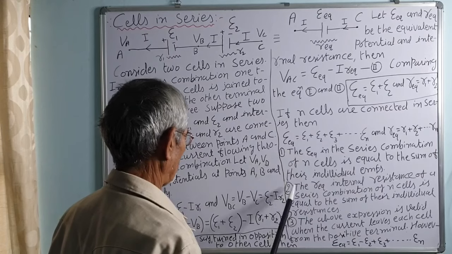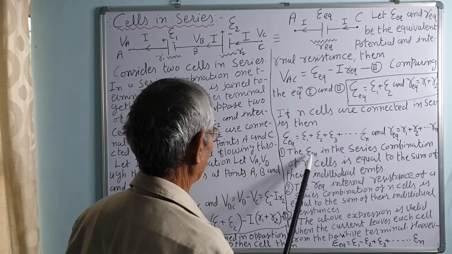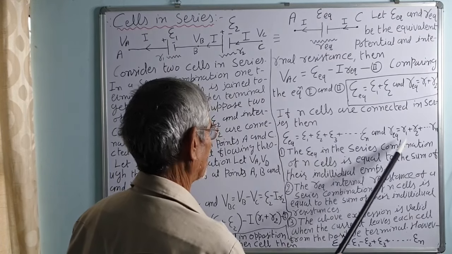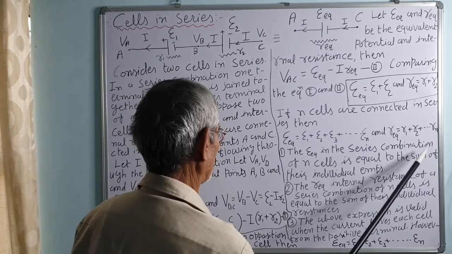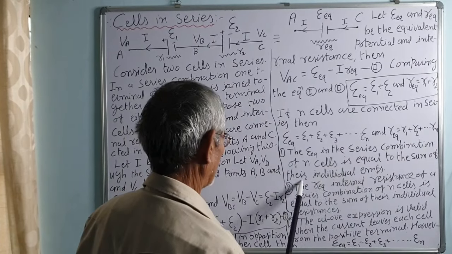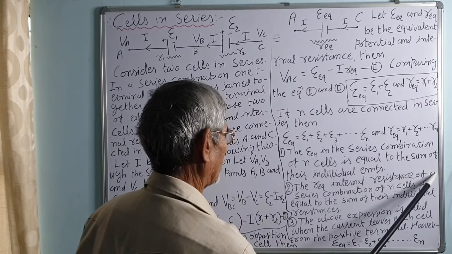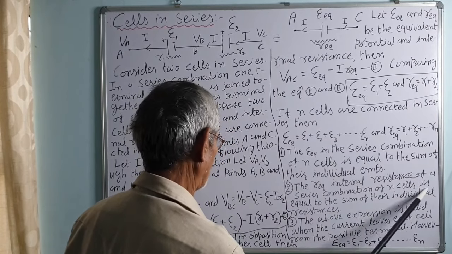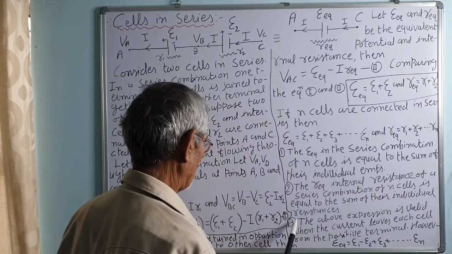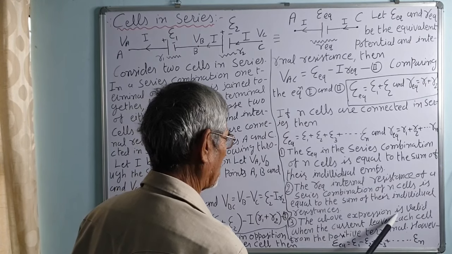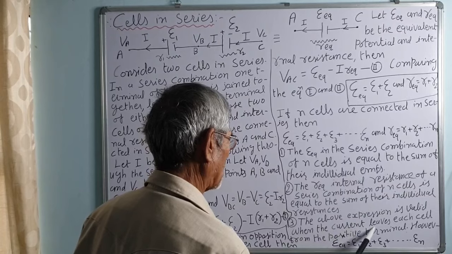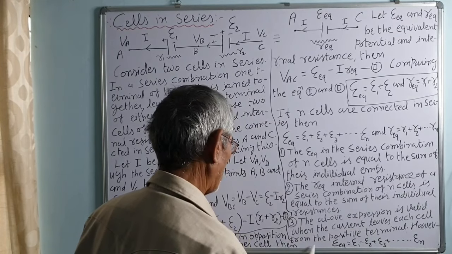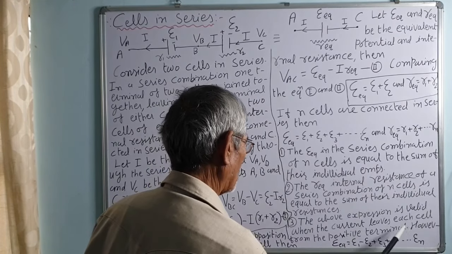Now points to remember. Number 1, the equivalent EMF in the series combination of n cells is equal to the sum of their individual EMFs. Number 2, the equivalent internal resistance of a series combination of n cells is equal to the sum of their individual resistances. Number 3, the above expression is valid when the current leaves each cell from the positive terminal.